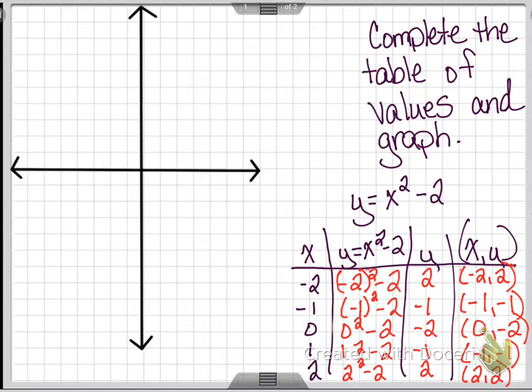Okay, and we're talking about a parabola, so you should kind of see a pattern with the 2, -1, -2, -1, 2. Okay? If I were to plot these points, so I'm plotting these points right here. That's what I'm doing next. I have -2, +2. I have -1, -1. 0, -2.